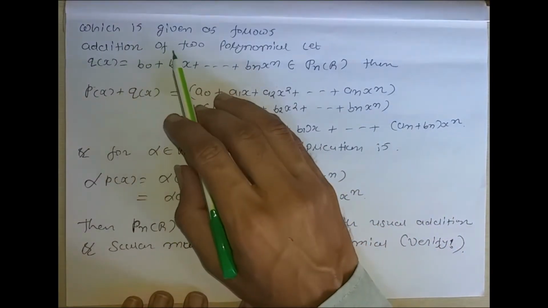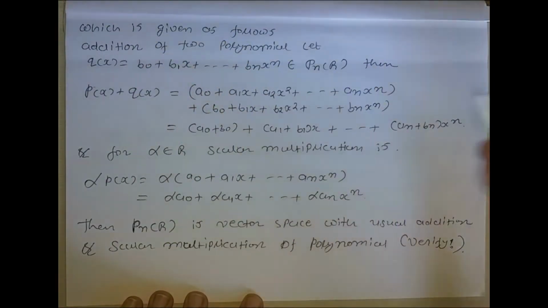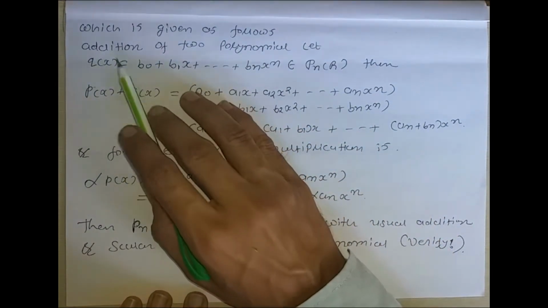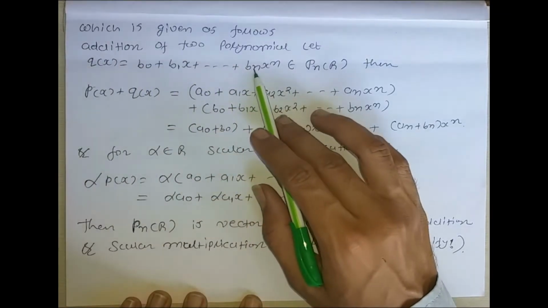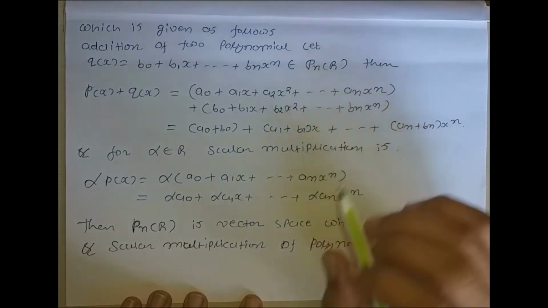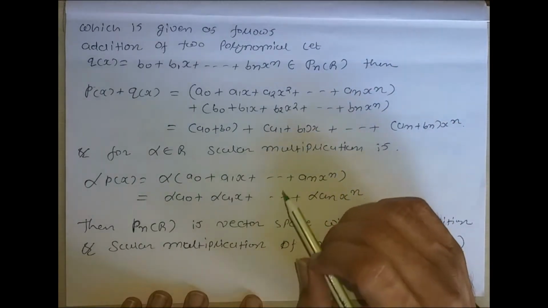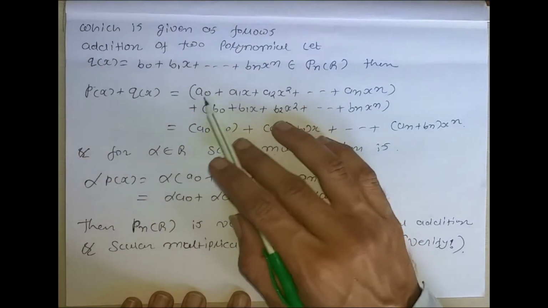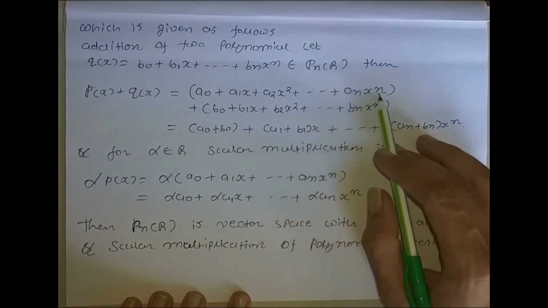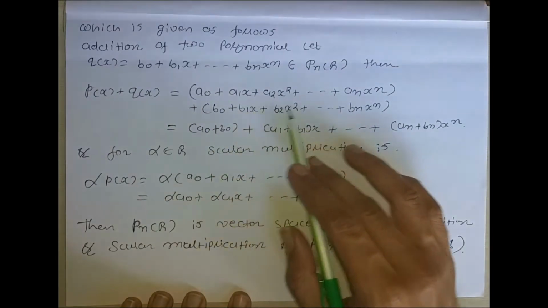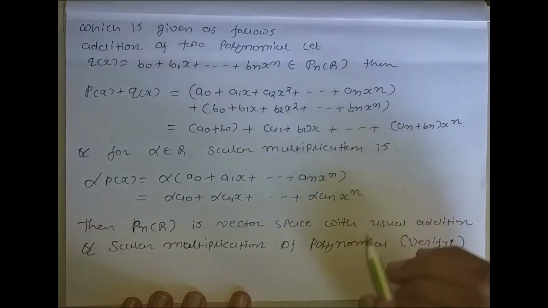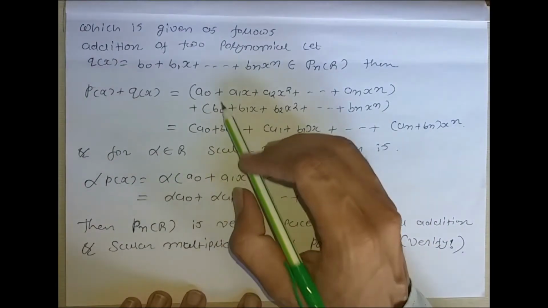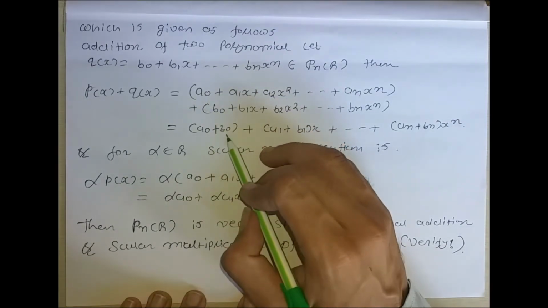For given two polynomials, P(x) = a0 + a1x + ... + an xⁿ, and now consider the second polynomial Q(x) = b0 + b1x + ... + bn xⁿ belonging to Pn(R). Then the usual addition of polynomials is P(x) + Q(x) = (a0 + a1x + ... + an xⁿ) + (b0 + b1x + ... + bn xⁿ). Now consider the constant coefficient: it is the sum of constant coefficients, a0 + b0.